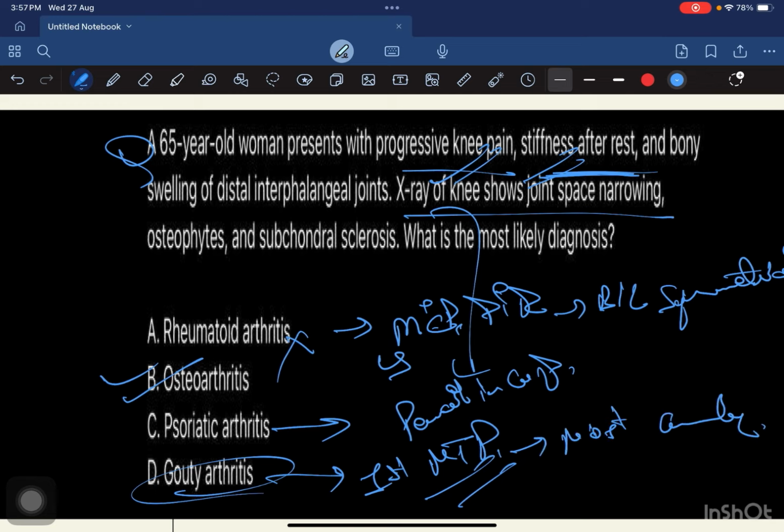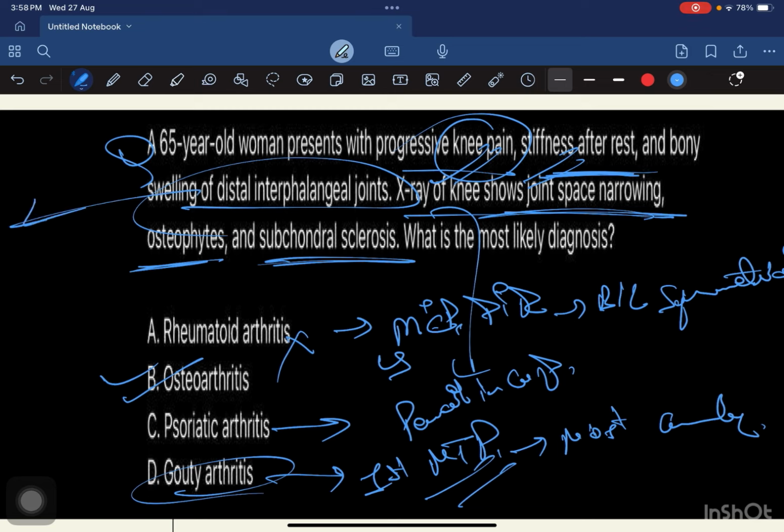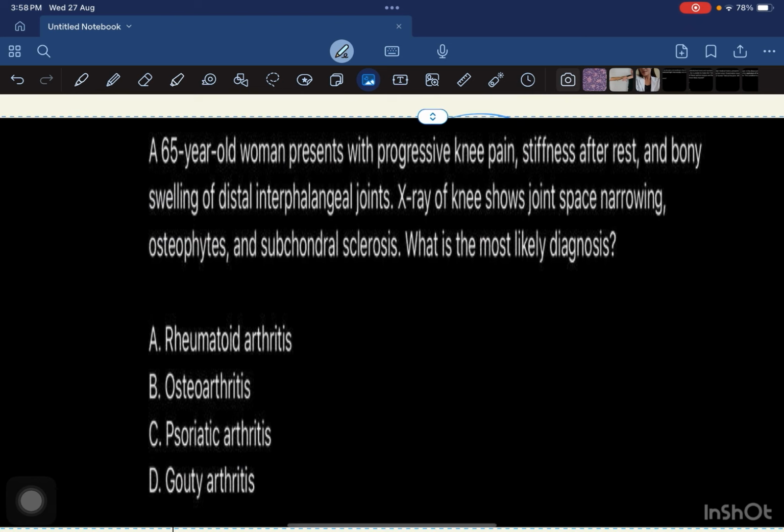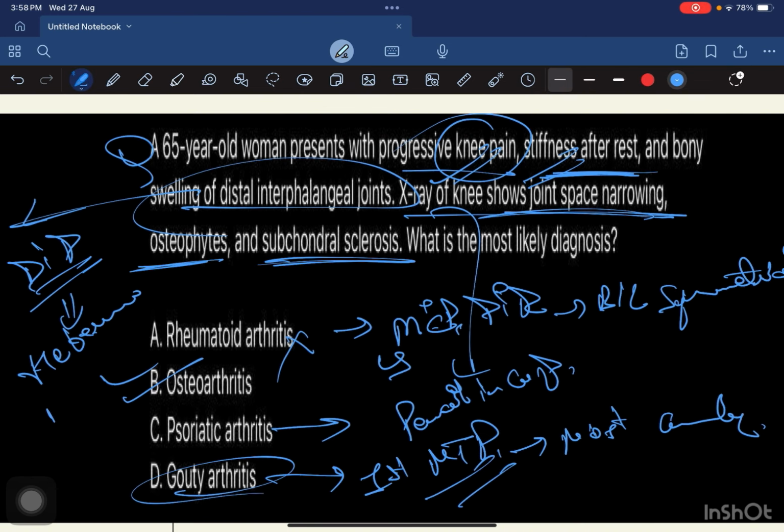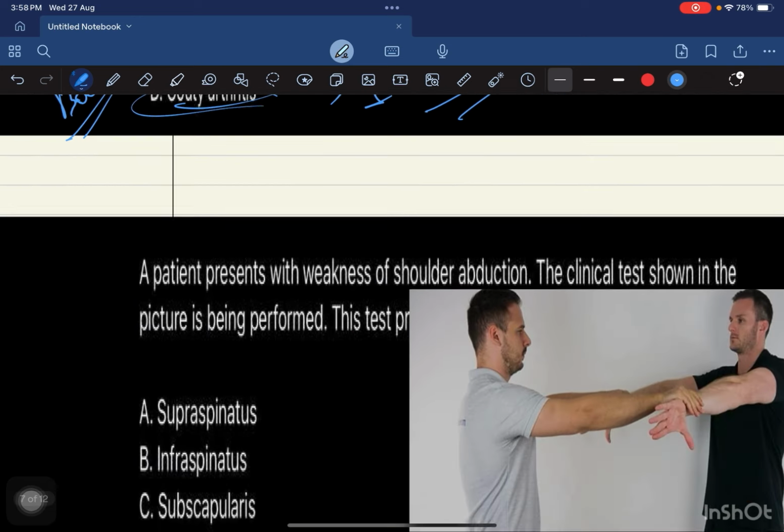So in the clinical history given here, the joint space narrowing, osteophytes and subchondral sclerosis, involvement of knee joint, and involvement of distal interphalangeal joint, the DIP involvement is Heberden's nodes. And for PIP, we have Bouchard's nodes. So this is characteristic of osteoarthritis. So this is the answer here.